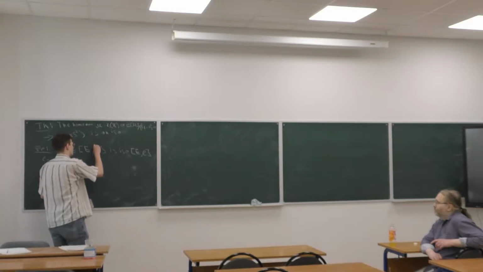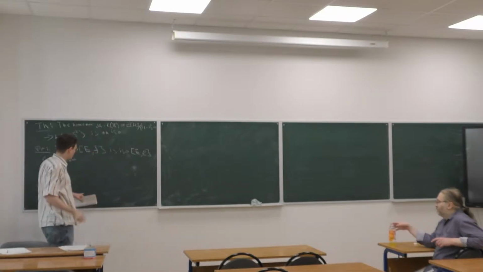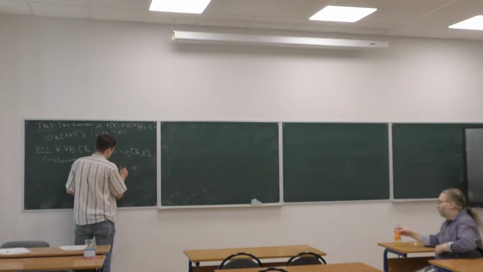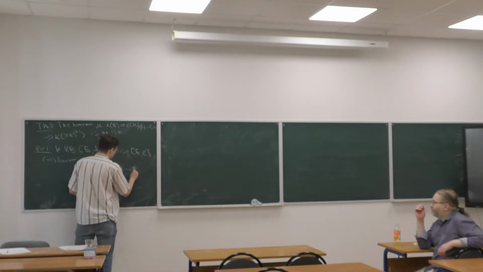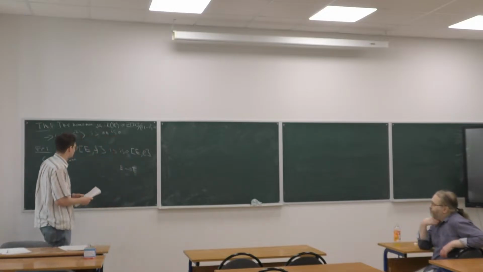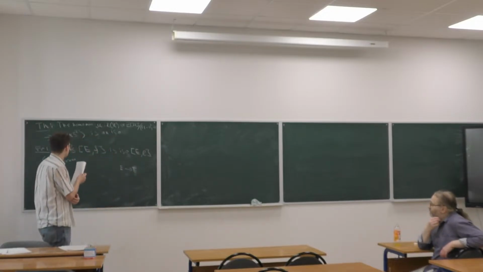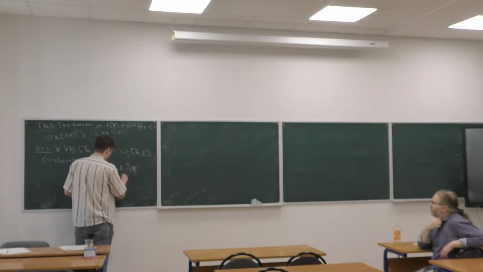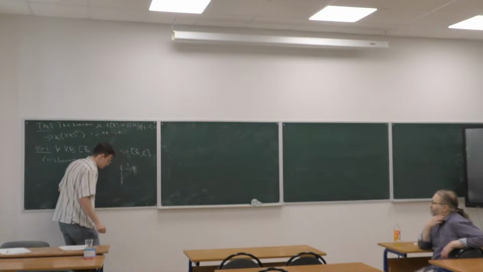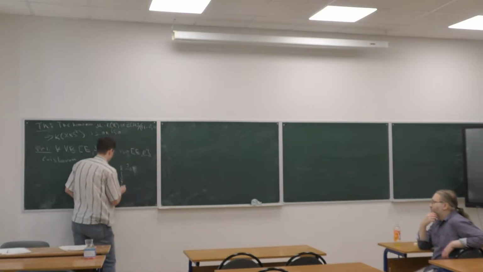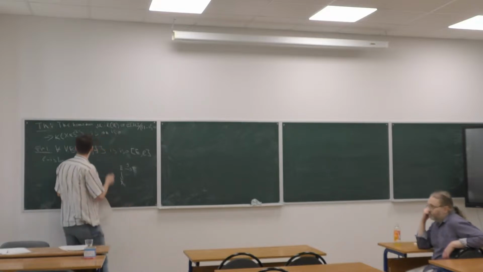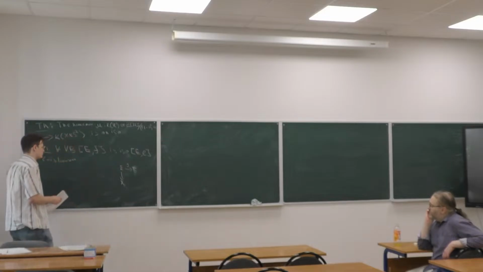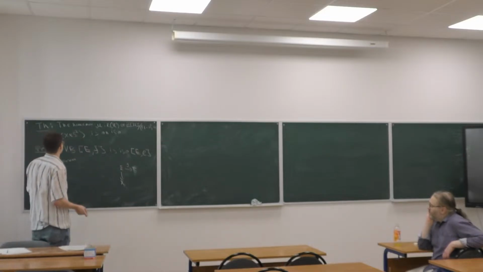F is a map between E and E, and E is a vector bundle over X, a compact topological space.